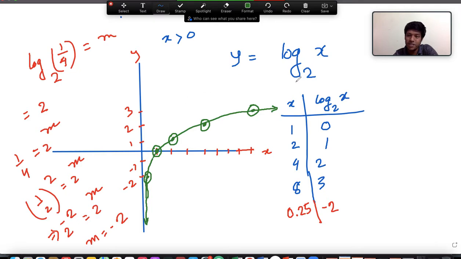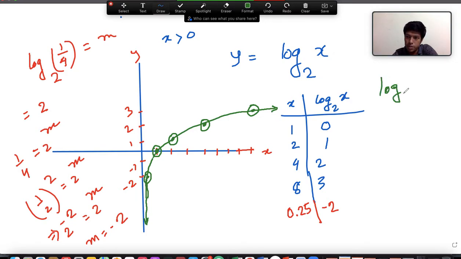Okay, so this is log 2 base x graph. Okay, log 2 base x graph. This is the most important graph in logarithm. Log 2 base x, 3 base x, or e base x, whatever it is. All the shape will be like this. And let me show you what does it mean.